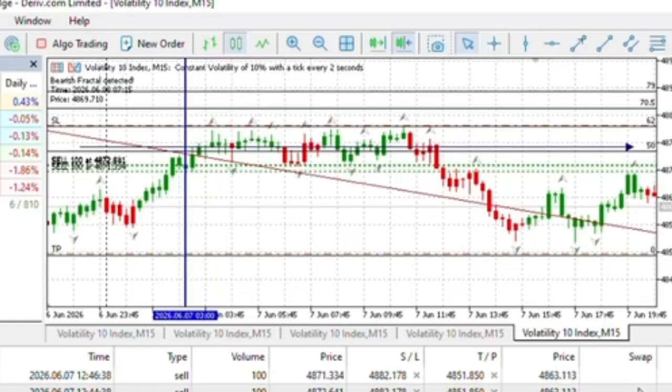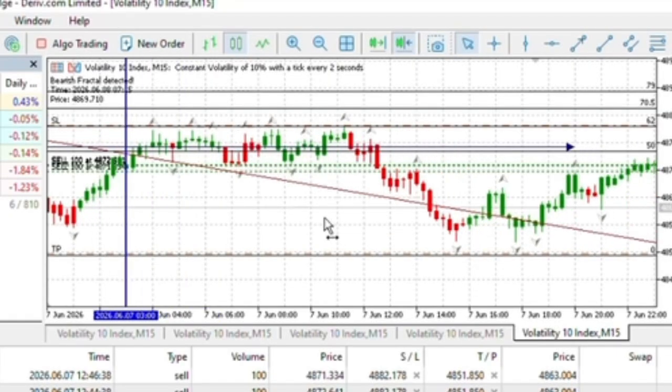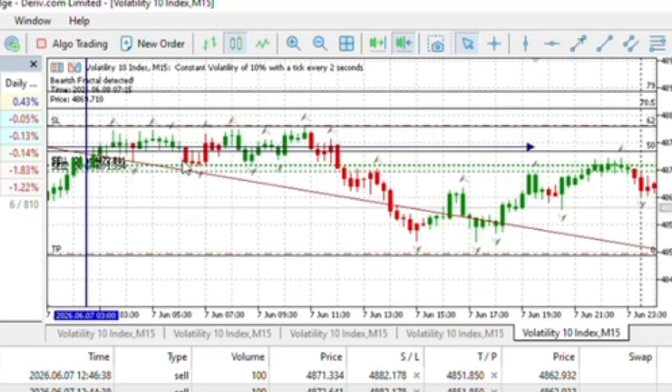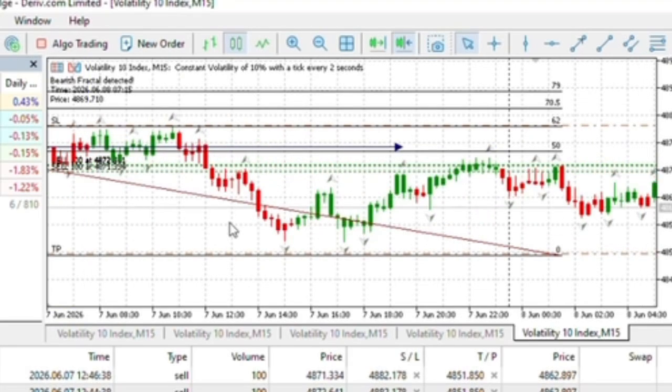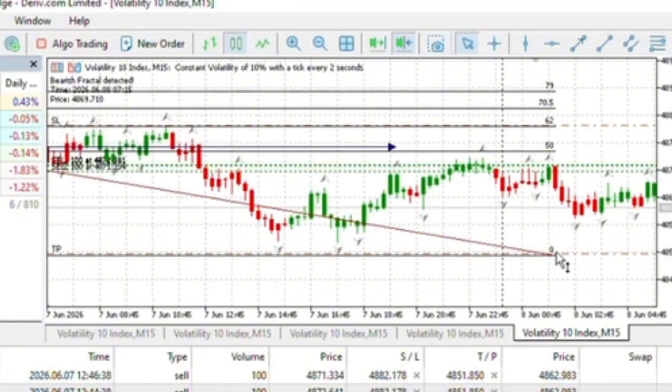So you can see the trade is still ongoing right now, and so that's it, guys, and this is where I'm taking my profit at 0. If you look at this, you can see that my take profits are not exactly on the black line.